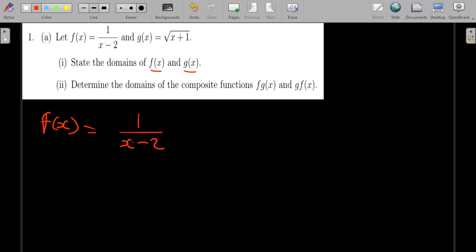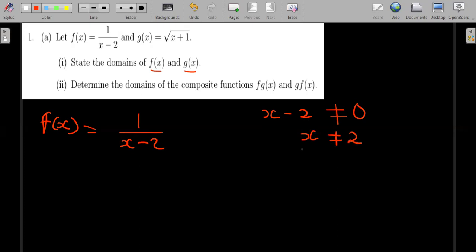To find the domain of a rational function, you just have to make sure that the denominator is never 0. Because if the denominator becomes 0, then the function becomes invalid. So we take the denominator and say this x minus 2 should never equal 0.